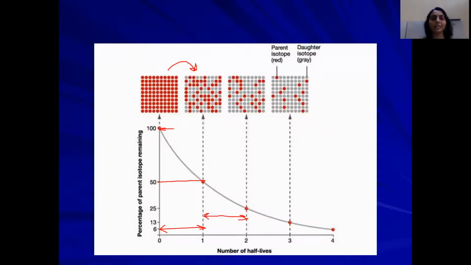Now in the next half-life period, in the same duration, 50 will reduce to 25, exactly half the number. Then 25 will reduce to say 12.5, and 12.5 further to 6.25.